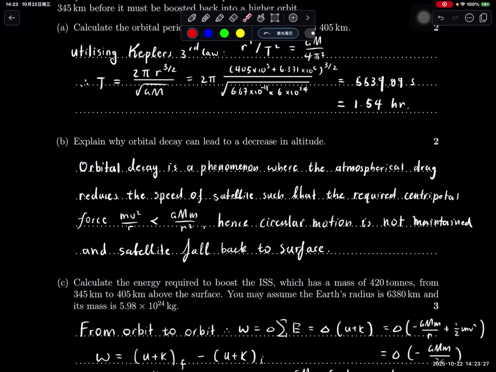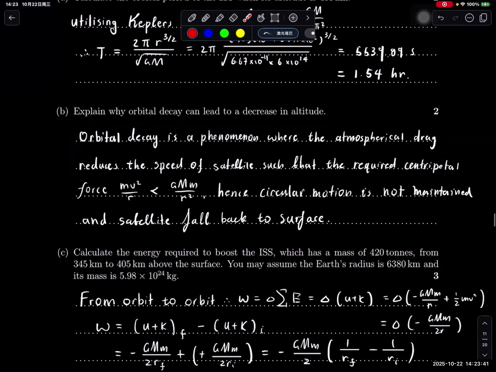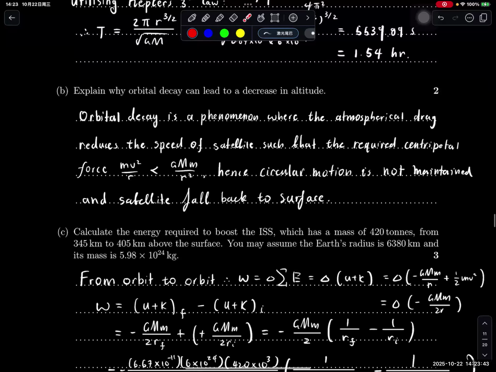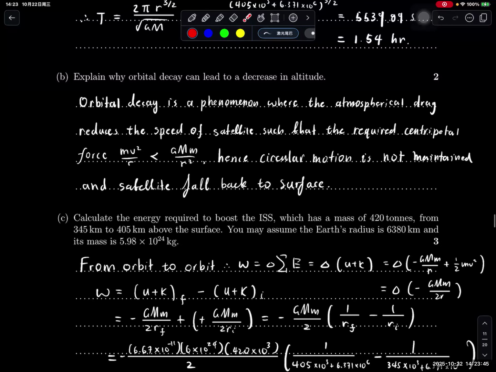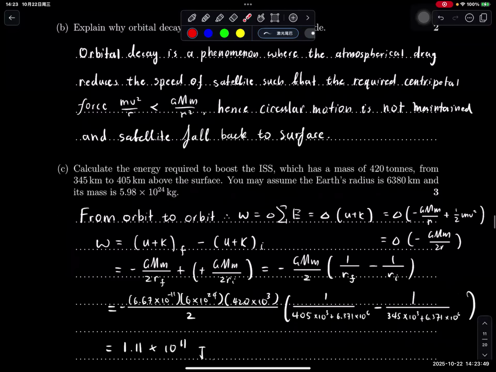Orbital decay is a phenomenon where atmospheric drag reduces the speed of the satellite such that the required centripetal force becomes larger than the available one, so it spirals in. So we have to boost it up. This is a change of orbit, so we have to calculate the total energy change.